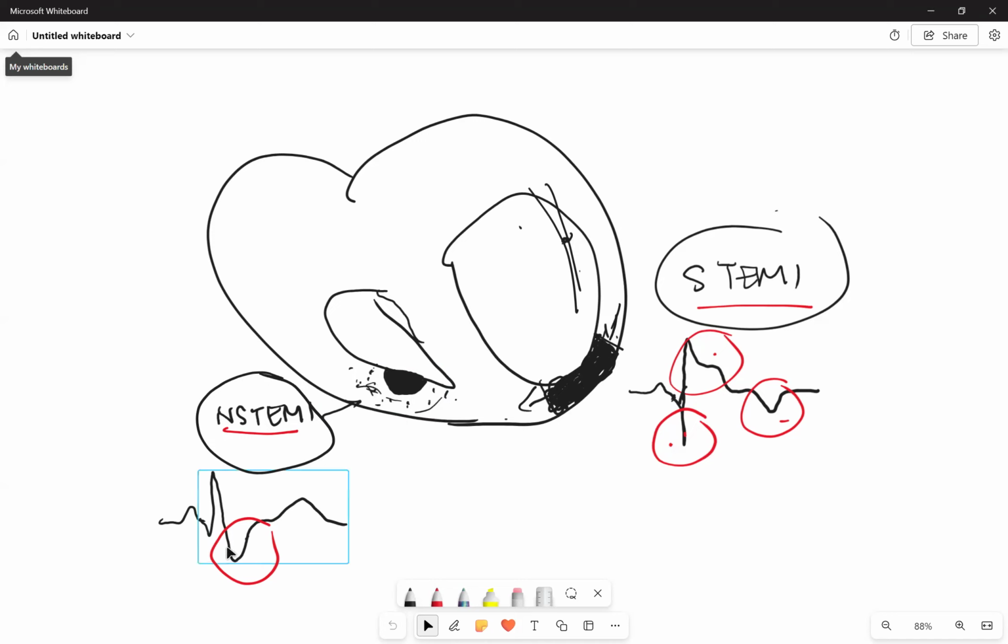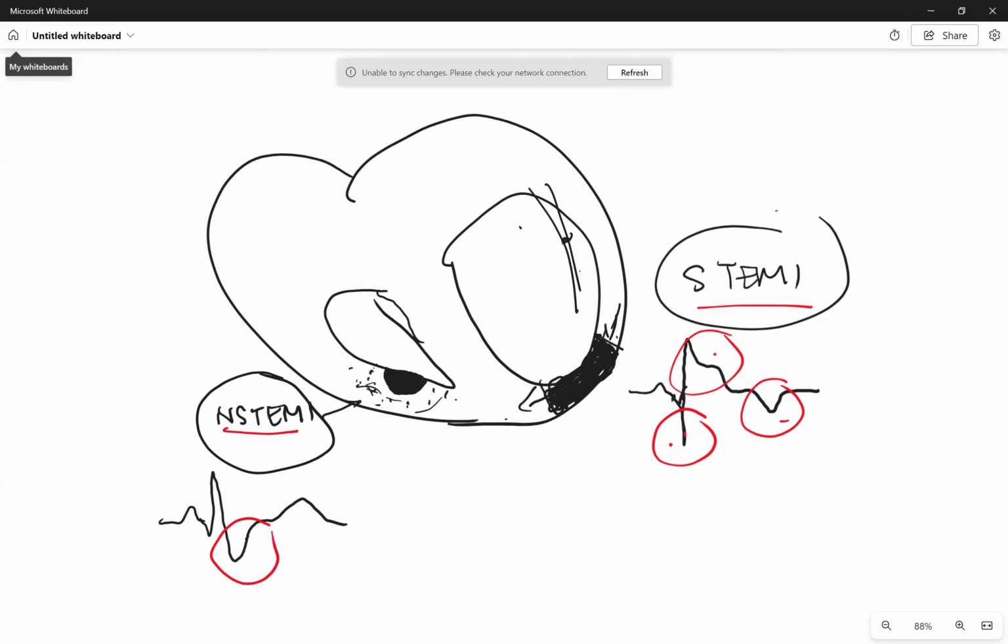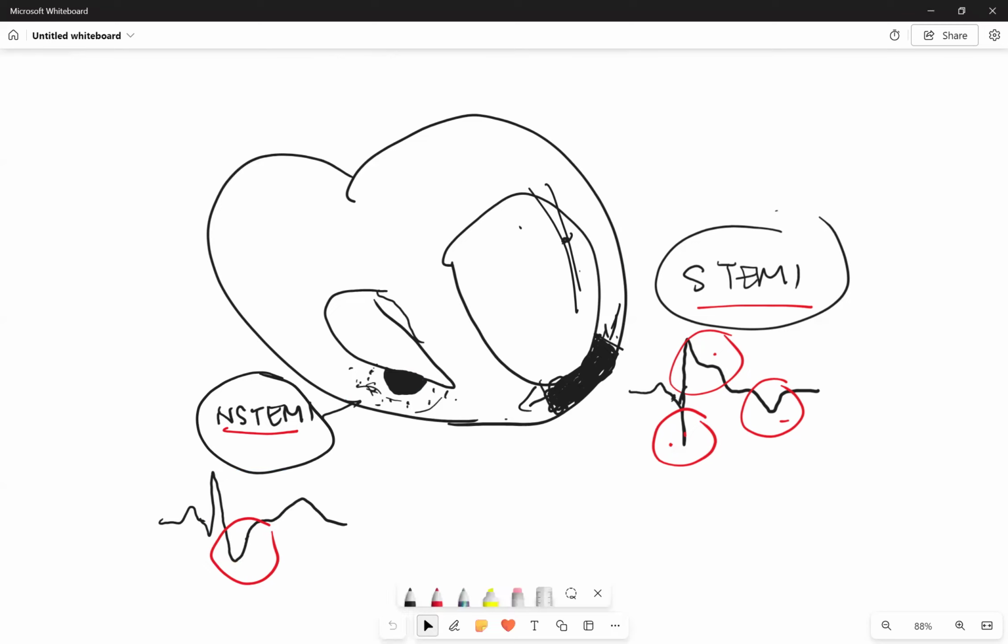So there will be early repolarization. It's supposed to start early here, ST, but then it repolarized later because these guys died. So it will take time before these guys repolarize. So therefore, you will see the early repolarization will begin later. That's what the ST depression means.